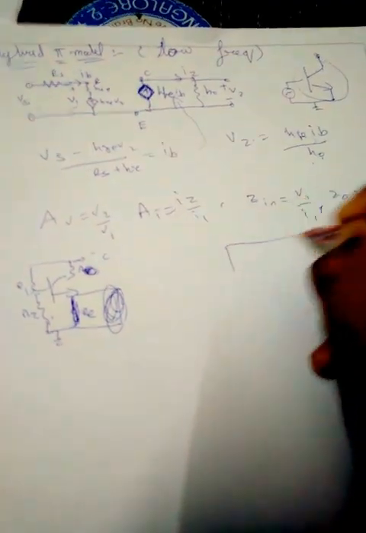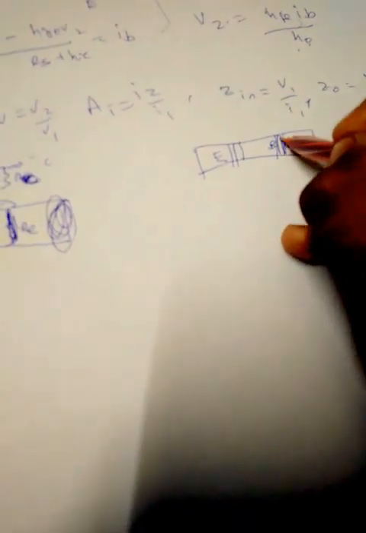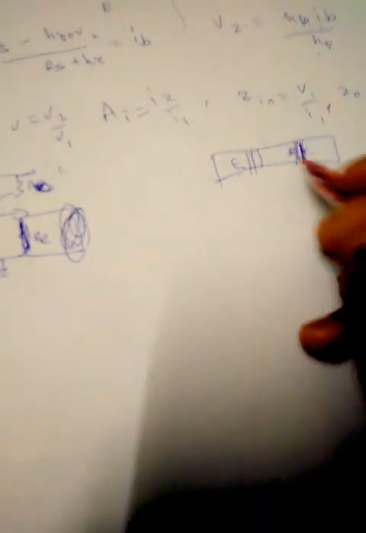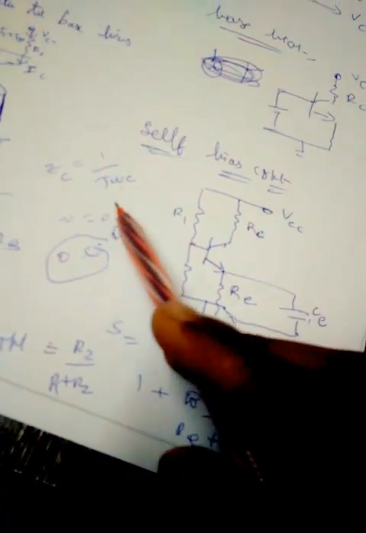Let us again go to the transistor circuit. Basic transistor: emitter, base, collector, and due to the junctions there will be a junction capacitor at both the junctions. As we have seen, at low frequencies the impedance offered by a capacitor is very high and it acts as an open circuit.